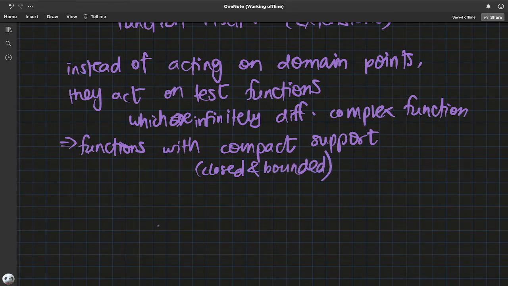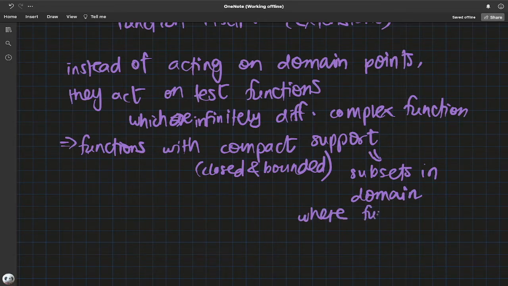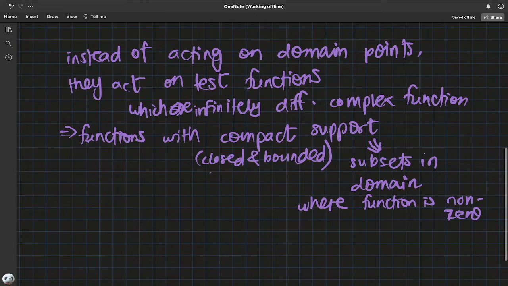Support is basically the subset in the domain of a function where the function is non-zero. It's zero everywhere else. Okay, this is really bad, dry, pure mathematical jargon.